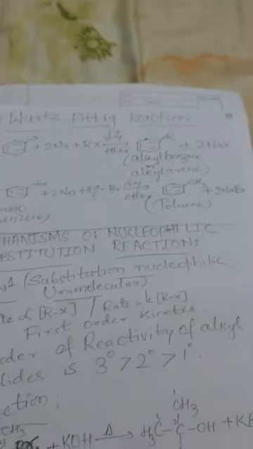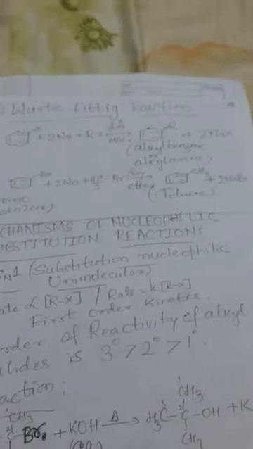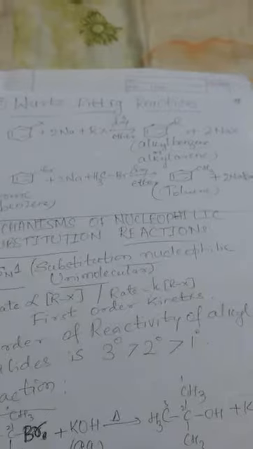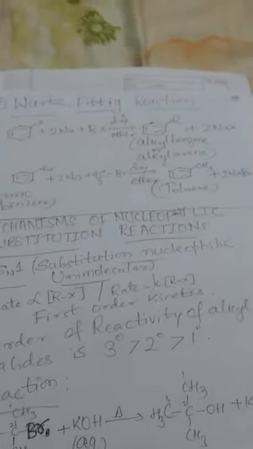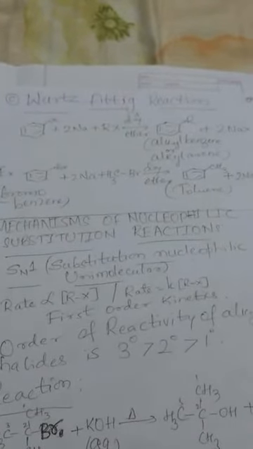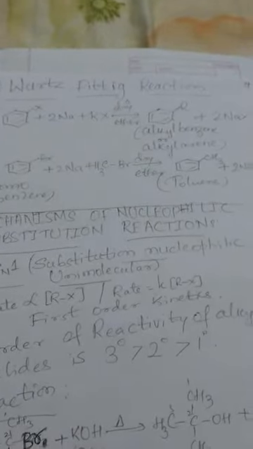So these are the reactions with metals. One is with magnesium, the other with sodium, wherein there are two named reactions: the Wurtz reaction and the Wurtz-Fittig reaction. So these are the different chemical properties of alkyl halides or monohaloalkanes. Let us continue further.